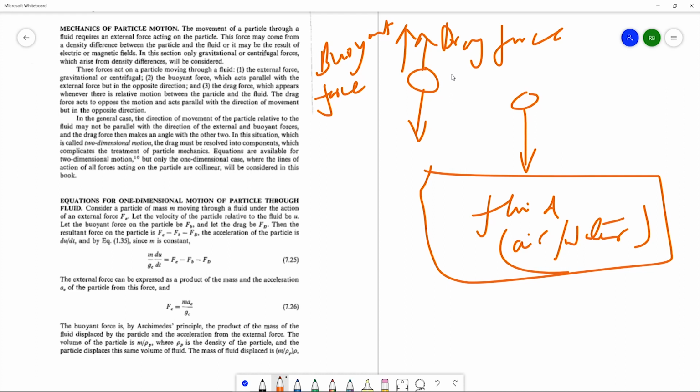So if the particle is moving in one direction, it will experience buoyant force and drag force in the opposite direction. Now, how do we calculate the velocity or acceleration?